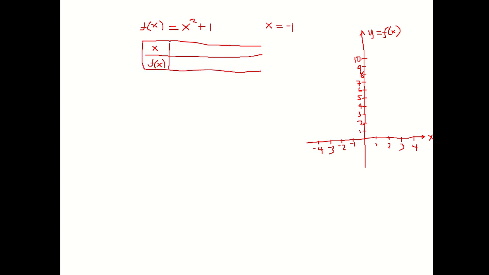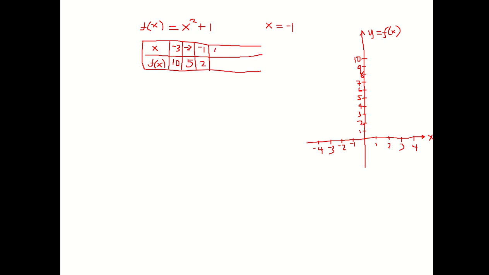So when we have x equal to minus 3, we already calculated this a while ago. This is 10. Alright, so when we have minus 2, we have 5, we have minus 1, so we have 2. Now you just substitute it here.